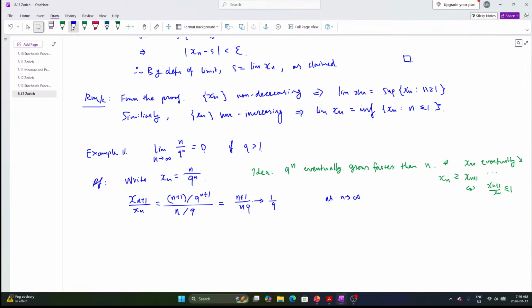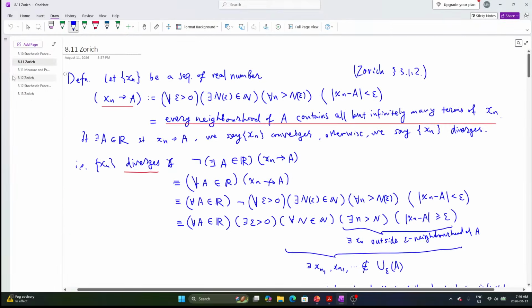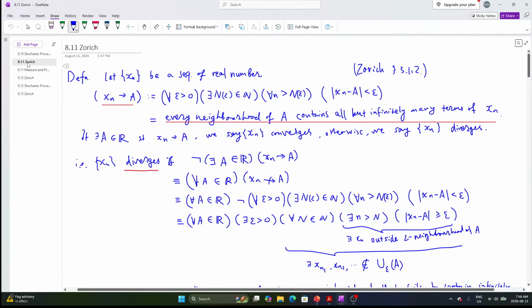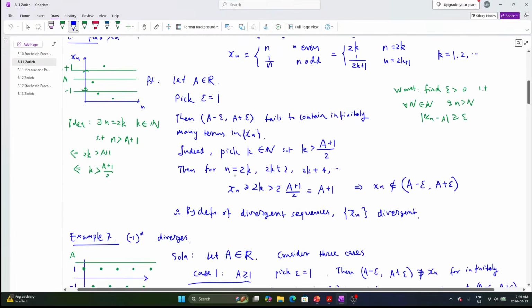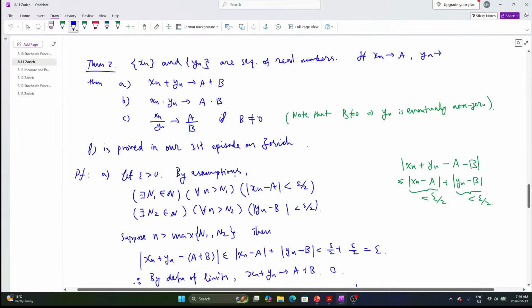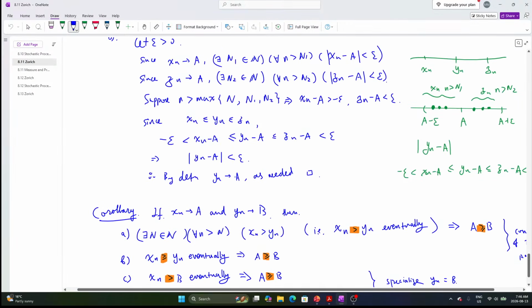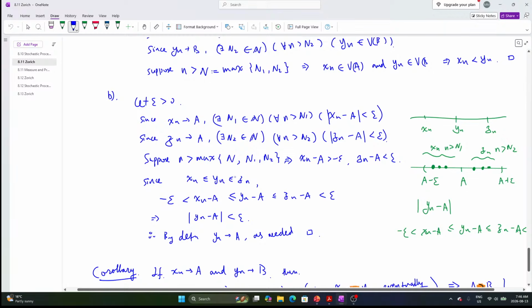So what can we say about this? We have a result regarding limits and inequalities that we proved two days ago, on August 11th. It's the passage to limit and inequalities.